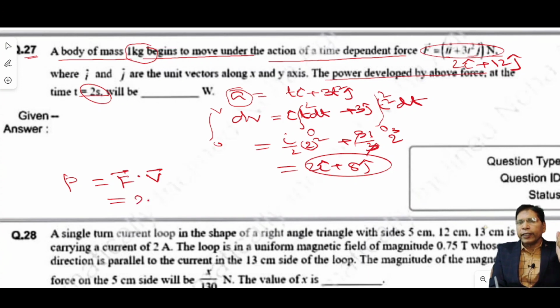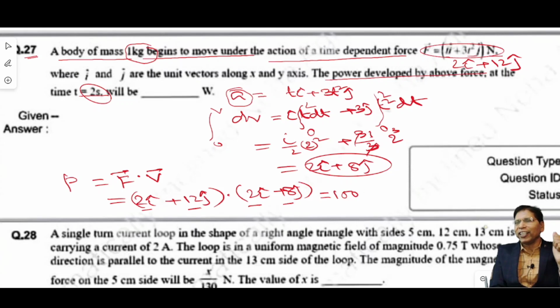The force vector is 2I cap plus 12j cap. And what is the velocity vector? The velocity vector is 2I cap plus 8j cap. Now 2 into 2 is 4, 12 into 8 is 96, and 4 plus 96 is 100. So power is equal to 100 watt.